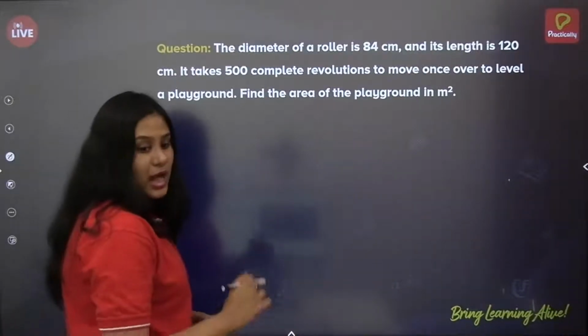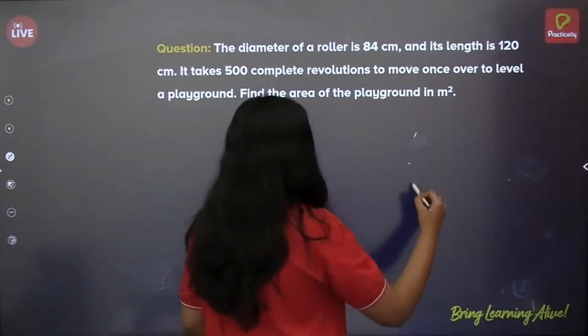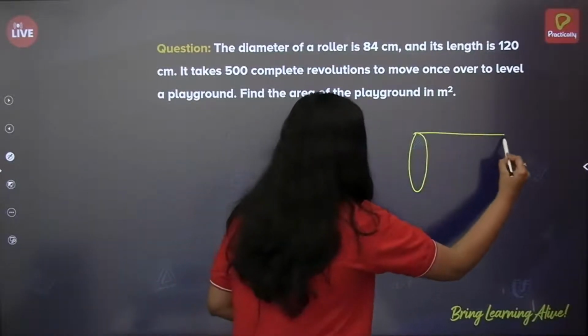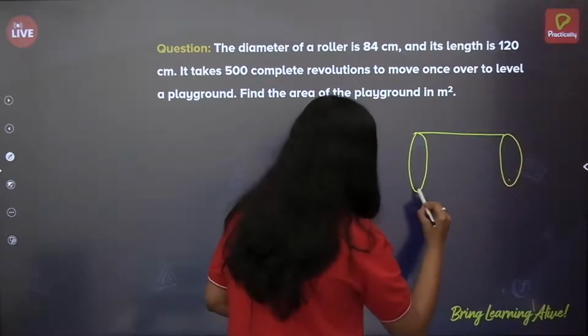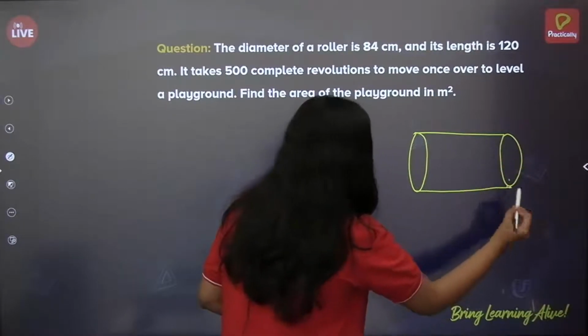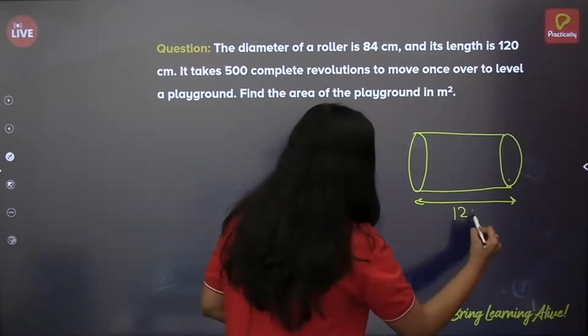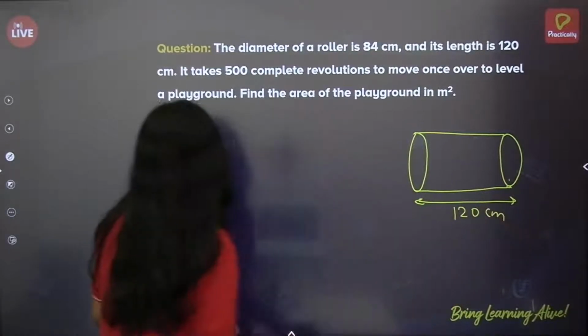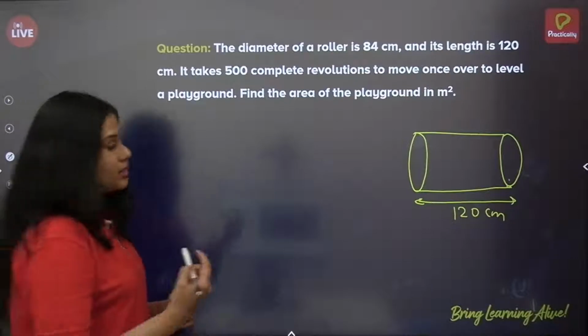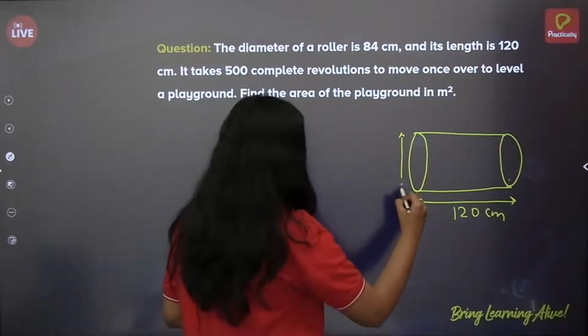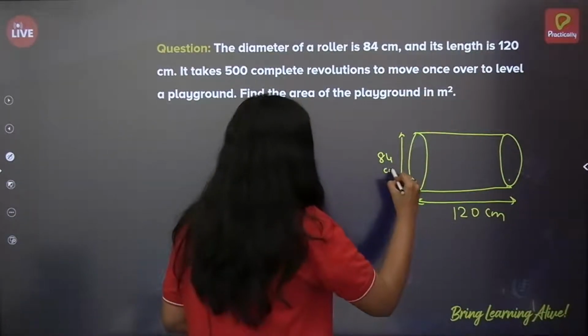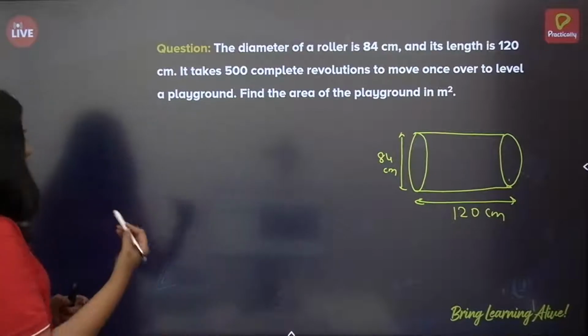Okay, I hope everyone is solving. So, roller will be somehow like this. Okay, the length is 120. So, this is 120 centimeters. And the diameter is 84. If the diameter is 84 centimeters, what will be the radius?